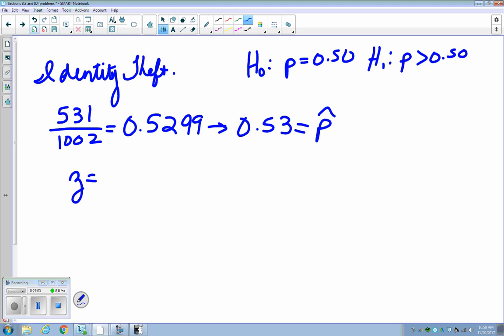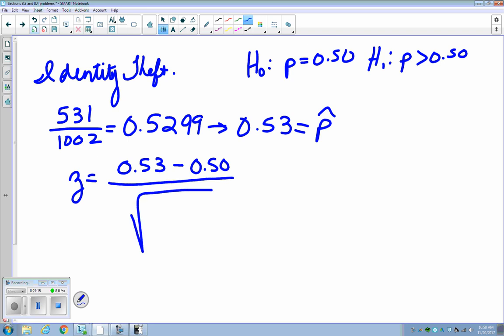So I'm going to have P hat 0.53 minus P 0.50, divided by the square root of P times Q. That's the proportion for the population. And of course, Q is going to be 1 minus it, all divided by N, which was the number in my sample. N is 1002.